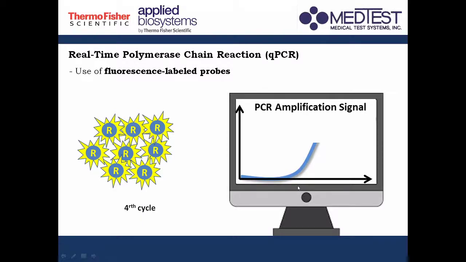No? So if you would look at this graphical illustration wherein your horizontal line would depict the number of cycles in your PCR, and then the vertical line would depict how much fluorescence is being detected in the PCR process.